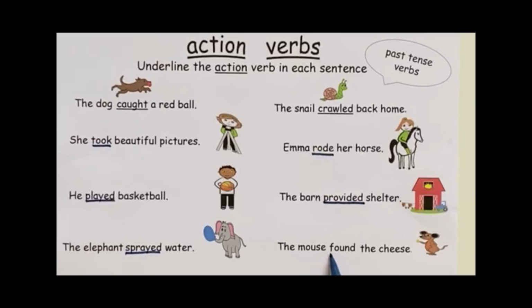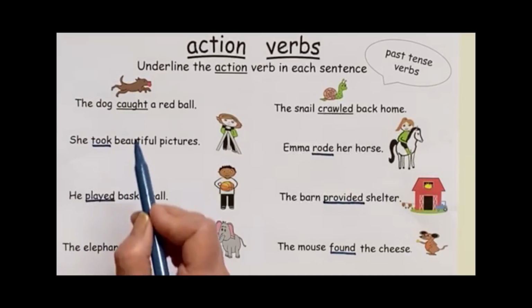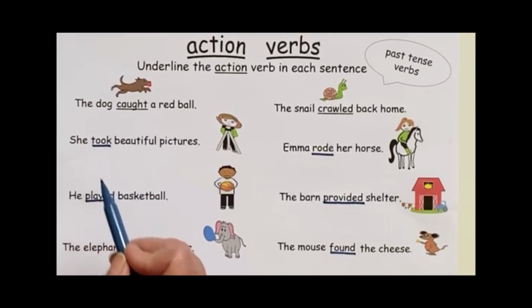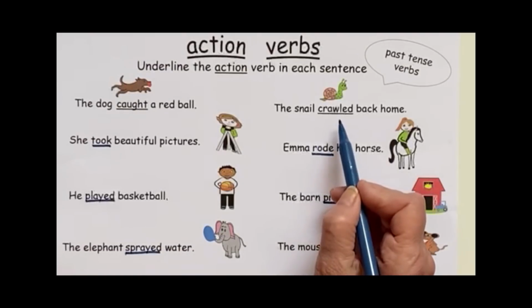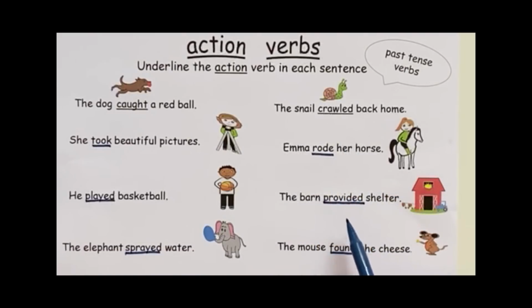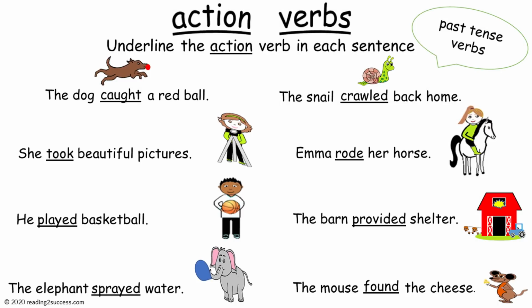He or she found it. It's already done. So our action verbs past tense are caught, took, played, sprayed, crawled, rode, provided, and found. They already did the actions. And this is a completed example.